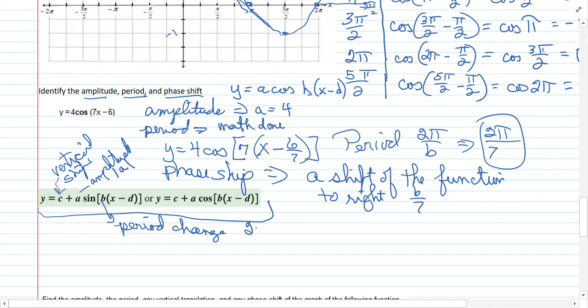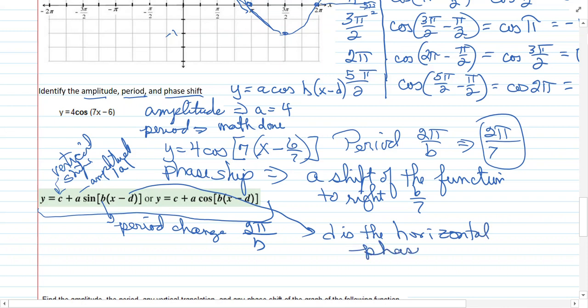And period change is 2 pi divided by that B value. And D is the horizontal phase shift in the opposite sign direction. Okay, now that's as good as I can get it.